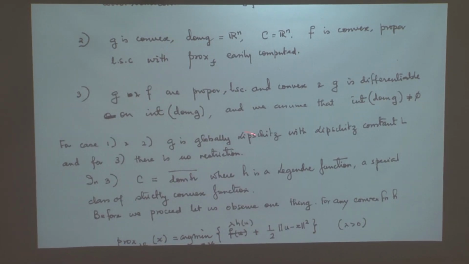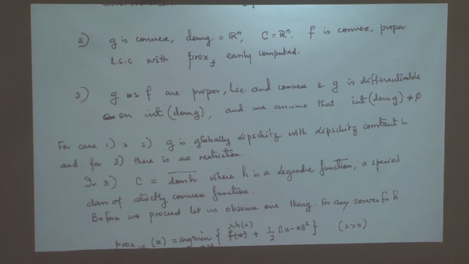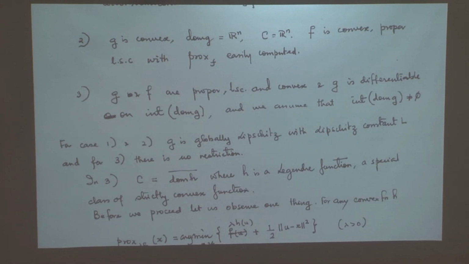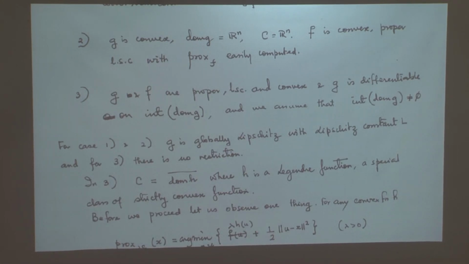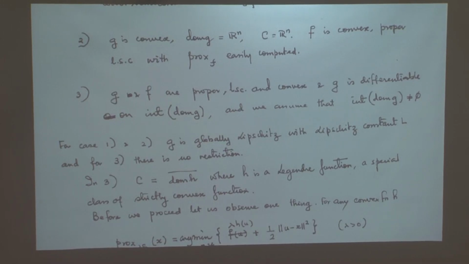For case 1 and case 2, you assume that G is globally Lipschitz with Lipschitz constant L. What is the meaning of G being globally Lipschitz? It simply means there exists a k greater than 0 such that for any x, y in Rn, the norm of g of x minus g of y is less than or equal to k times the norm of x minus y.